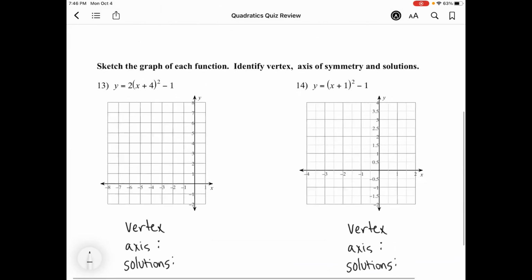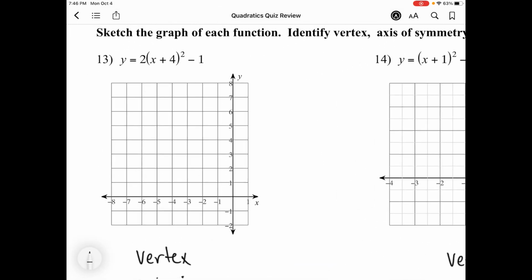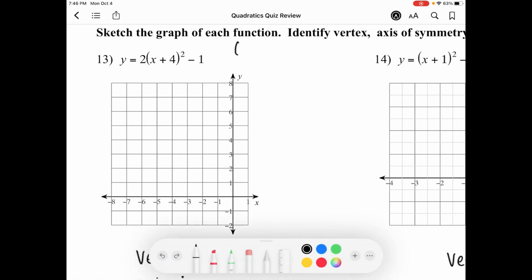Okay. So remember, the vertex is going to be, the x value is going to be the number inside of the parentheses with x, but with the opposite sign. So since we have plus 4 here, the vertex is going to be negative 4, right? And then minus 1 stays the same. That's our y value in our vertex.